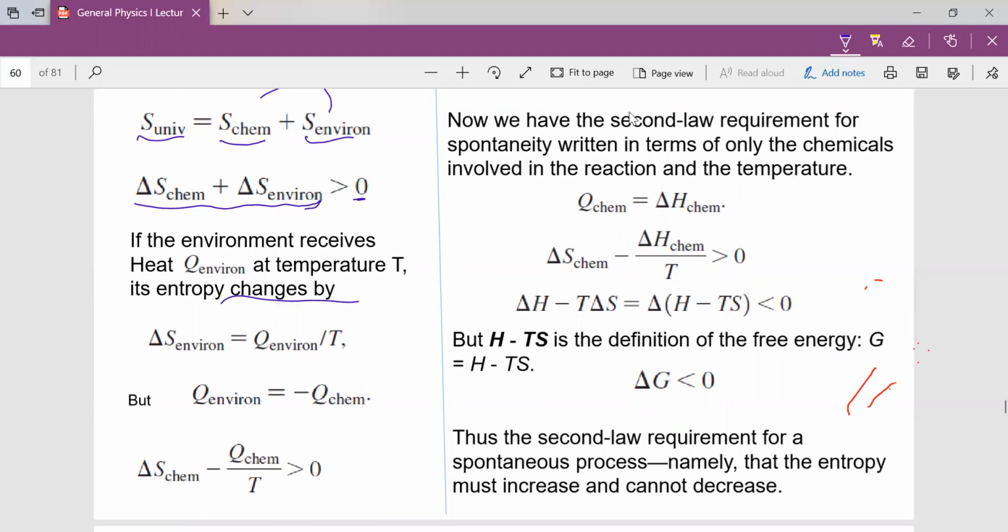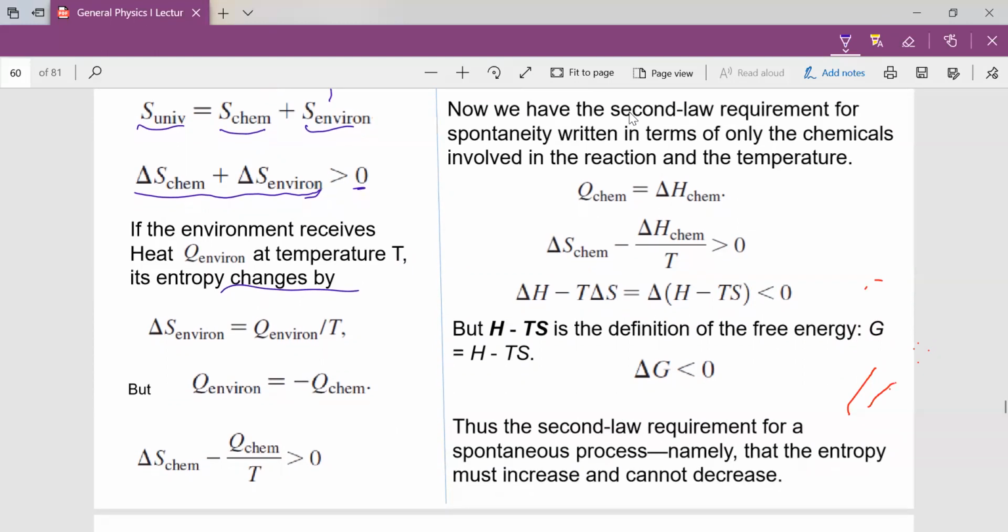We said that we can also change entropy when we increase temperature or increase heat in the system. So if we bring in that statement, which tells us that the entropy of the environment is given by the heat to the environment at a certain temperature, and we substitute this back into that equation, with the understanding that when the environment gains heat, the system is also losing chemical heat.